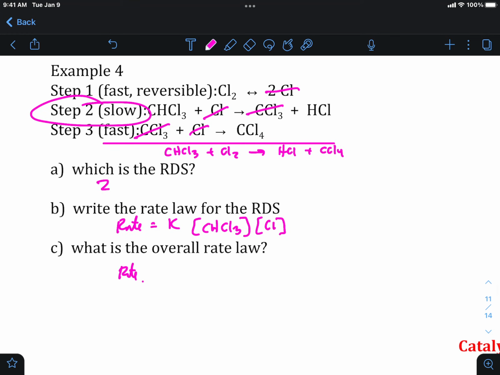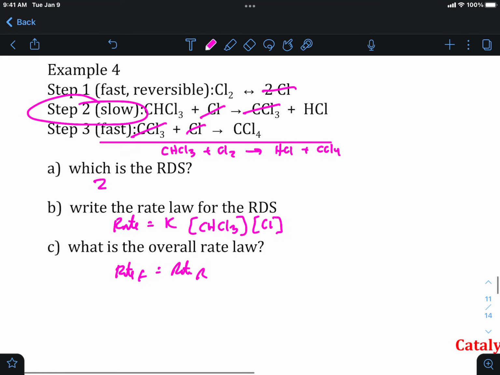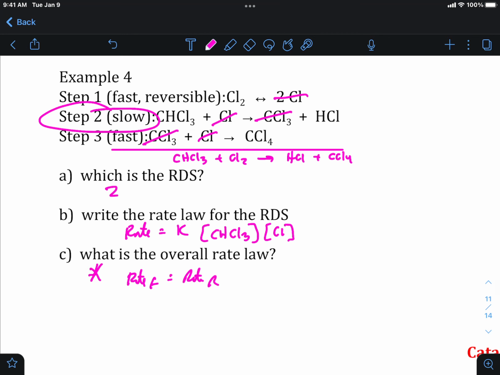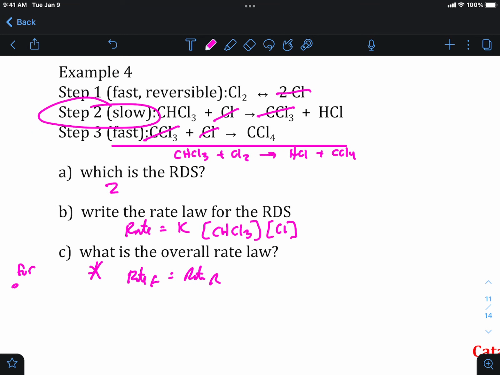So rate forward equals rate reverse. Here is where we pay attention. Whenever we do this, you can only do this for the equilibrium step. Which one is the equilibrium step, guys?